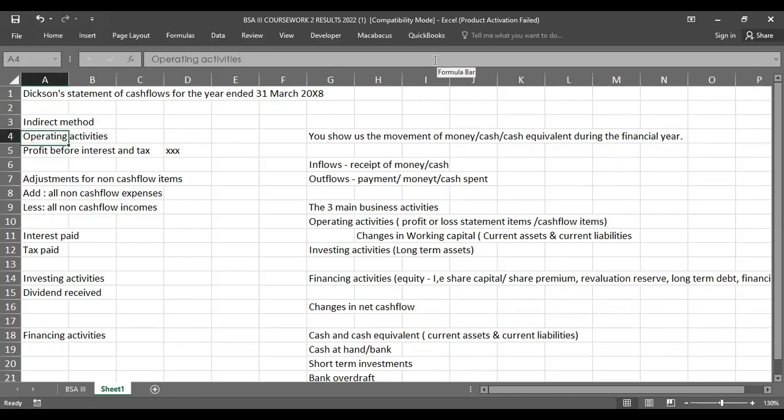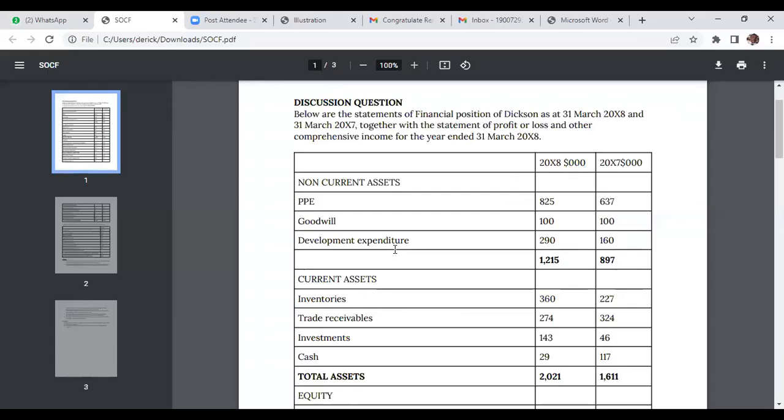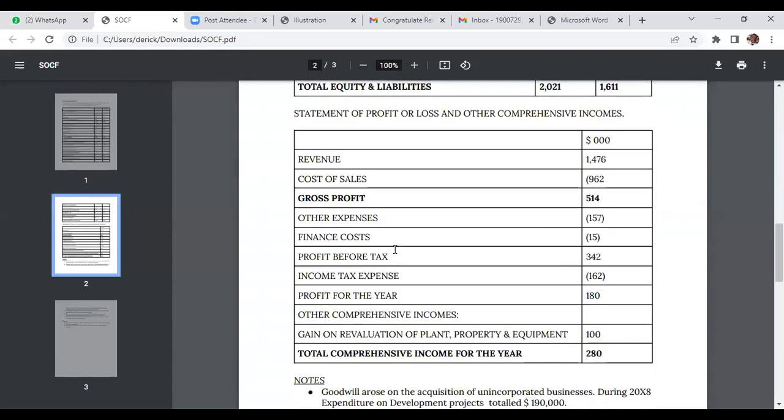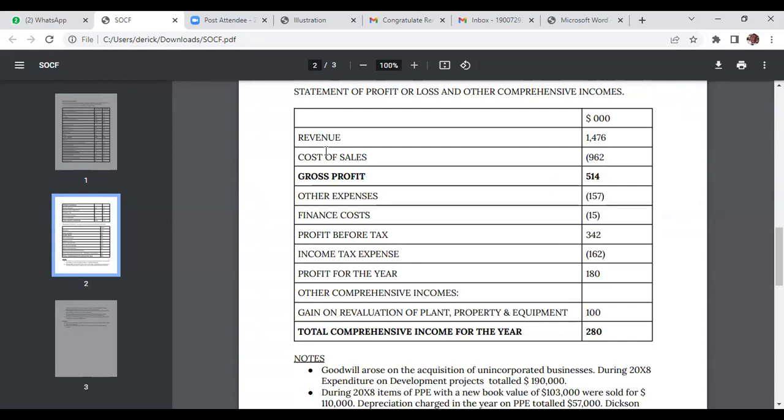Now we start. Operating activities, we're saying look for profit before interest and tax. When you go to your question and we look for it, you find that under the income statement you have revenue, gross profit, you have profit before tax, then you have profit for the year.